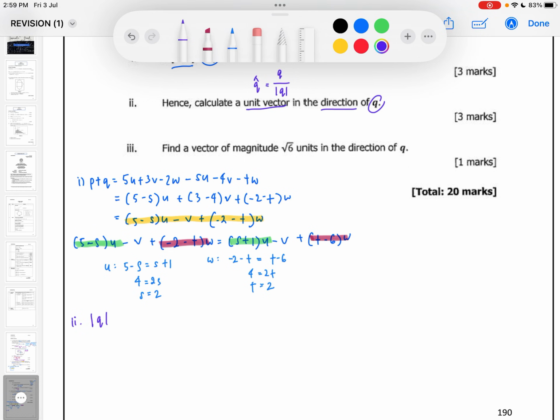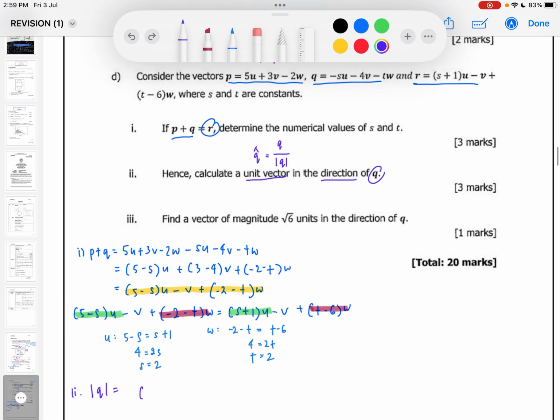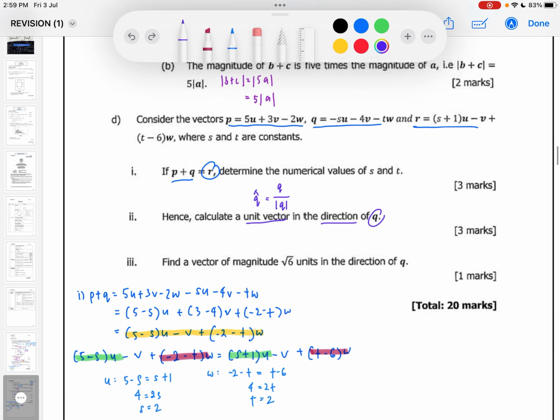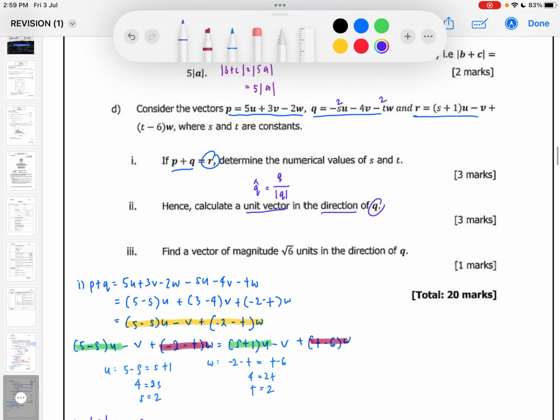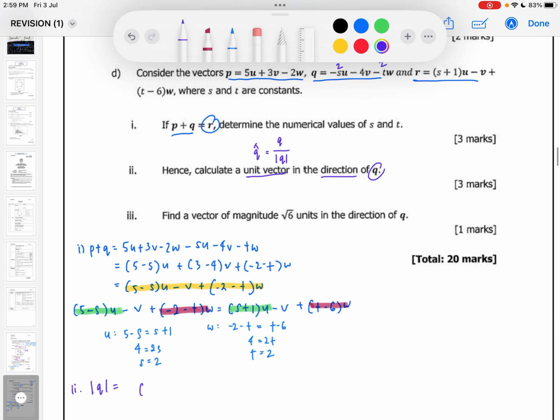So calculating magnitude requires square root. Okay, so from Q, since S is 2 and T is also 2, we basically just going to put negative 2 squared plus negative 4 squared plus negative 2 squared.